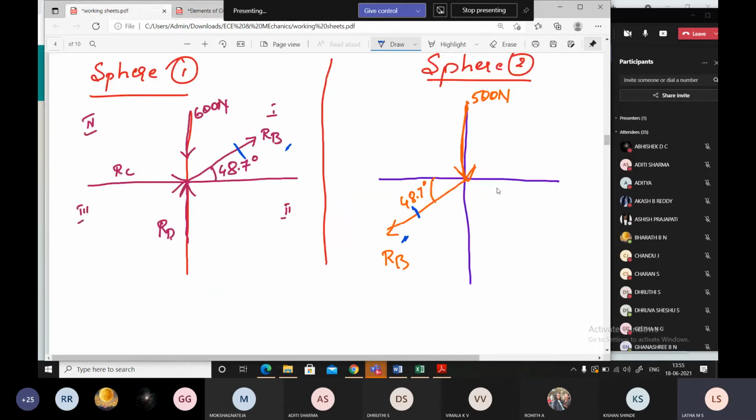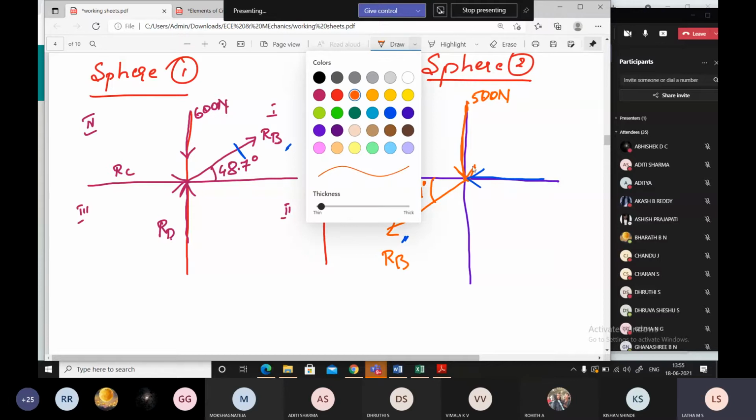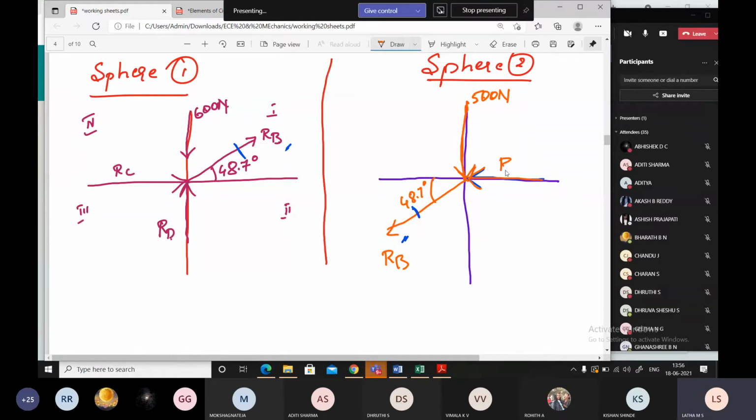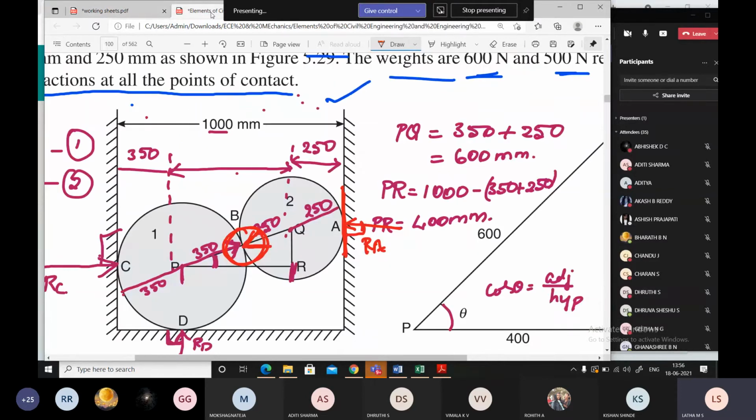On the X-axis, yes, very good. I'll use another color. This is RA. Now, is any other force coming into the picture for sphere 2? Is the free body diagram of sphere 2 done?